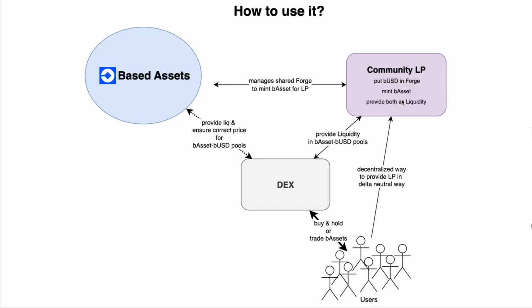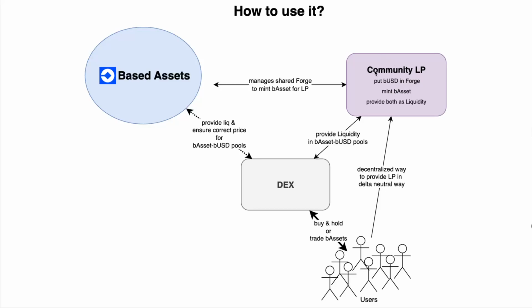BasedAssets has, in my opinion, a pretty smart approach. I mean, I'm a bit biased here because I built a similar thing like that for the other protocol that I talked about. So I like what they do here because I did a similar thing before, but they do it on a completely different level.